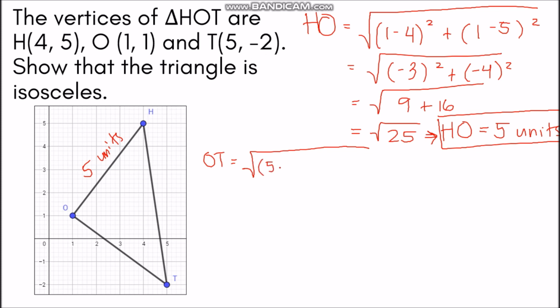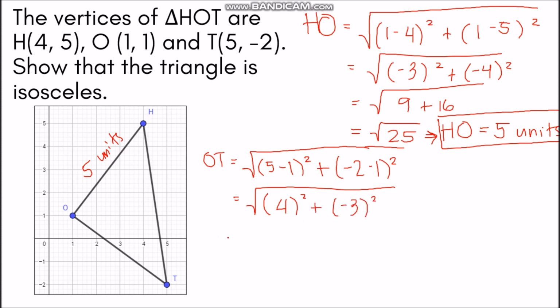So square root of 5 minus 1 squared plus negative 2 minus 1 squared equals, then this one now is 4 squared plus negative 3 squared, equals 16 plus 9, or this is square root of 25.